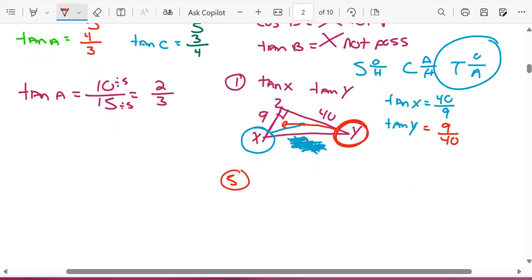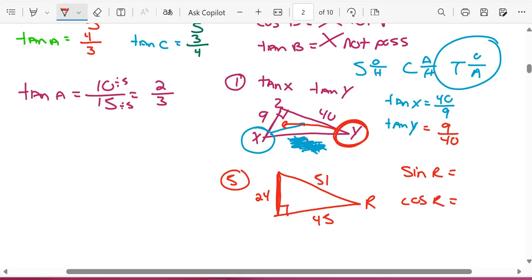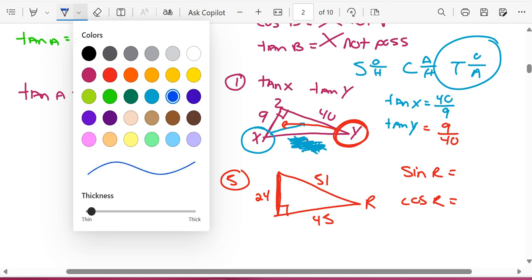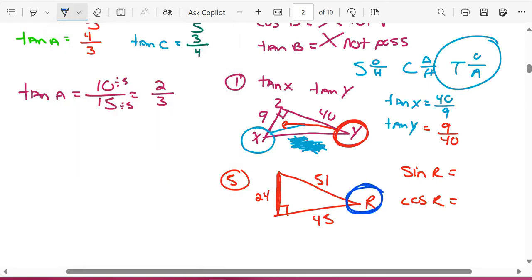For number 5, let's look at that one. Here's our triangle, with sides 51 and 25, and here's angle R. For this one, we're asked for the sine of R and the cos of R. So the sine of R, here's angle R. Sine is again opposite over hypotenuse.